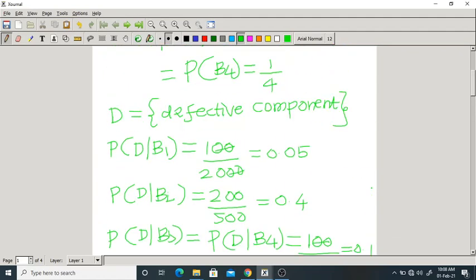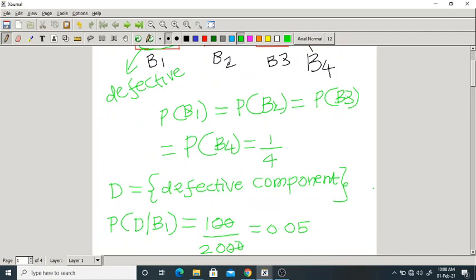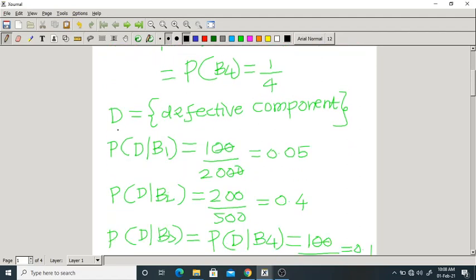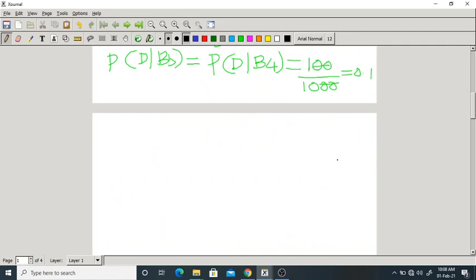Now, what do we want? We want to find out the probability of defective components. How do we find the probability of defective components? Which theorem do we use? Think about this. Okay.